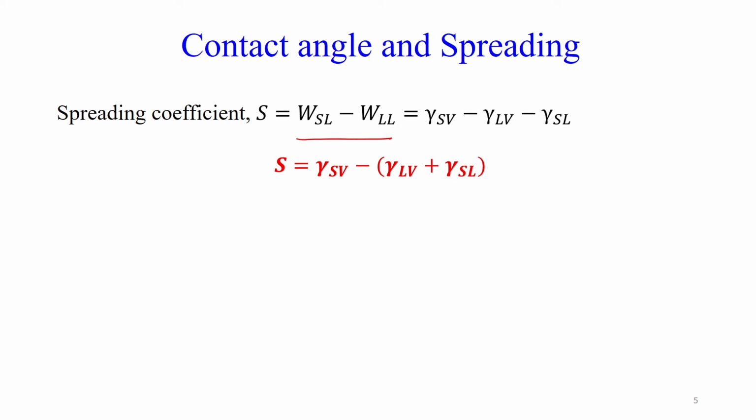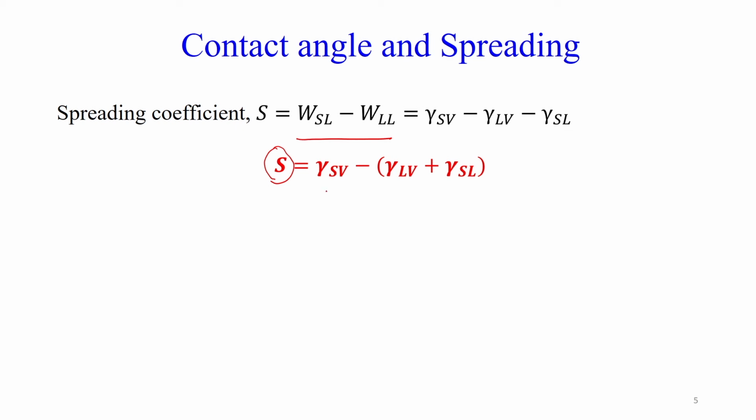So, if you put the work of adhesion from the last slide, and work of cohesion will be twice the gamma liquid vapor, we will end up with S equal to gamma solid vapor minus gamma liquid vapor minus gamma solid liquid. Depending on the value of S, we see if there will be spreading or no spreading.